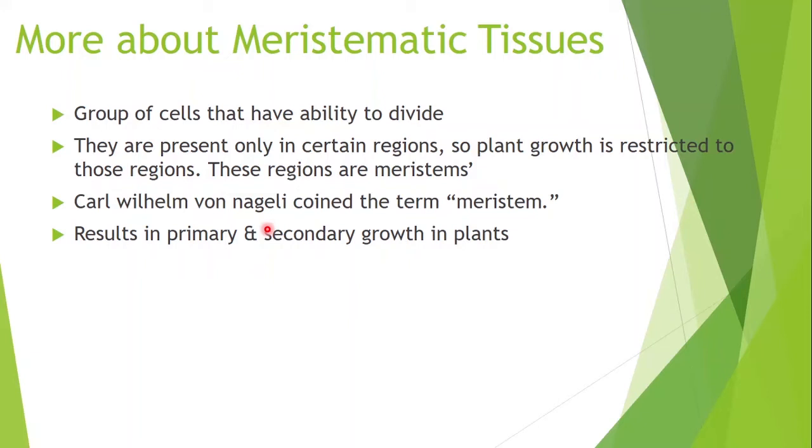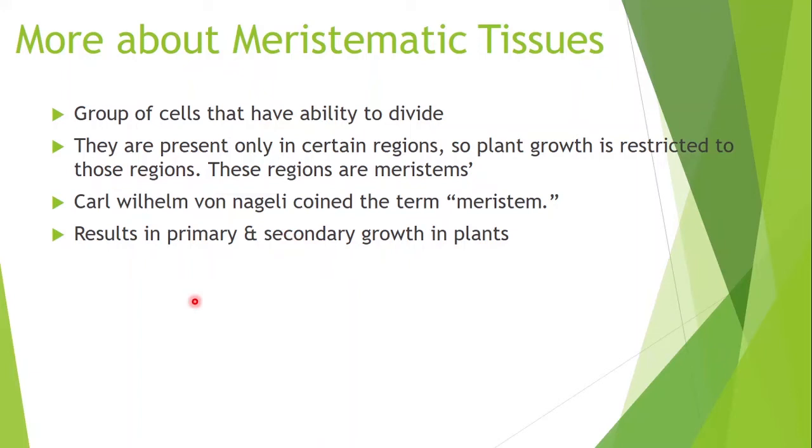Meristems result in primary and secondary growth in plants. Now you must be wondering what primary growth and secondary growth are. Let me explain it in a little more detail. Primary growth is when the plant grows from a seed.